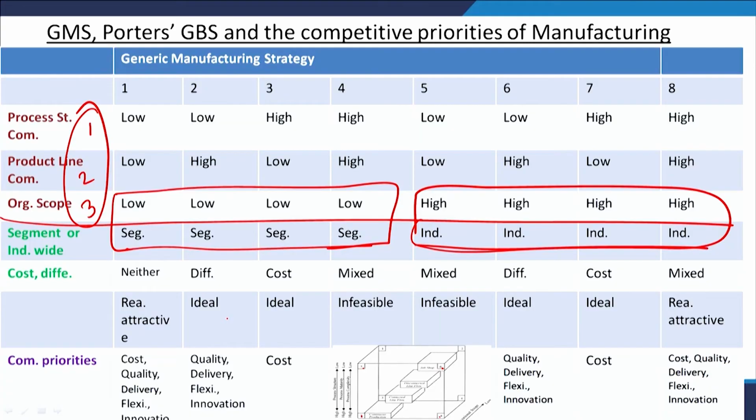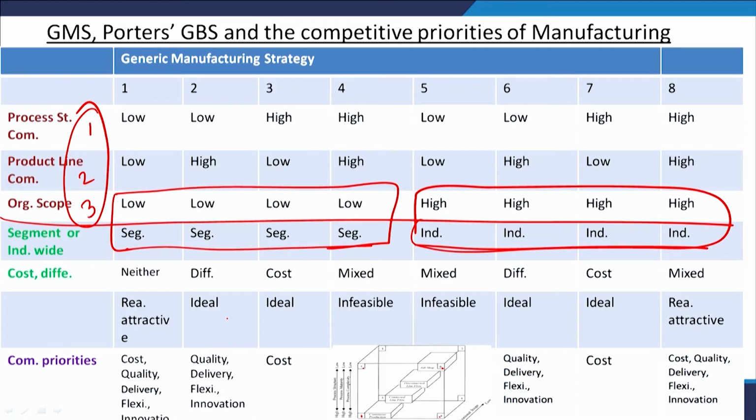Then we have also tried to map the generic business strategies given by Michael Porter, because that is also a very popular strategic framework. Whether you have the cost leadership or a differentiation kind of strategy, those are the 2 very important strategies proposed by Michael Porter. So, now if you see strategy number 1, it is not giving you any particular answer with respect to Michael Porter.